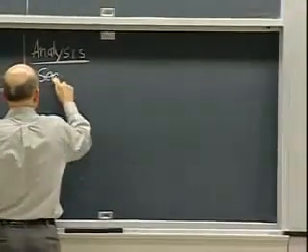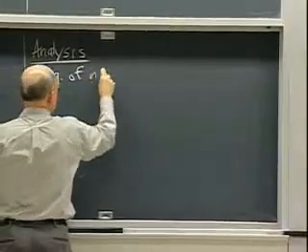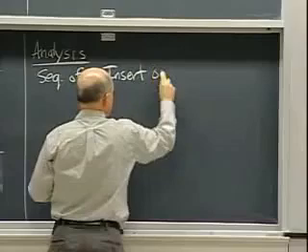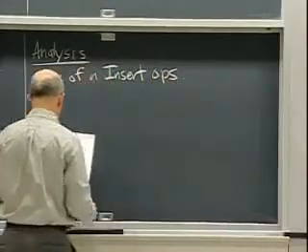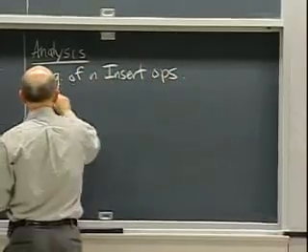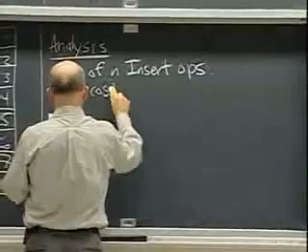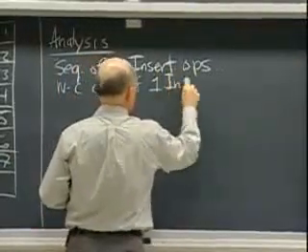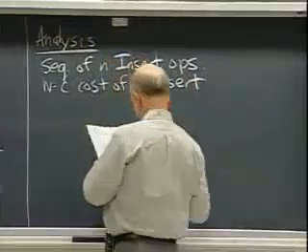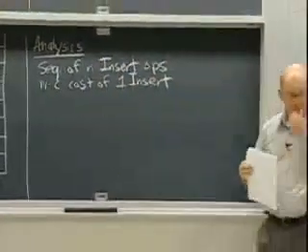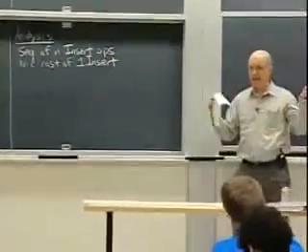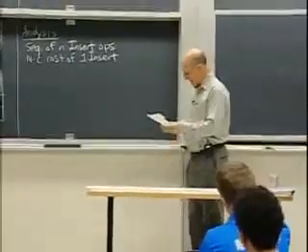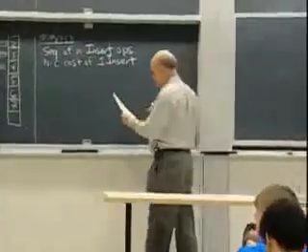So we have a sequence of n insertion operations. What is the worst case cost of one insert operation? What's the worst case for any one of these? Yeah, it's order n.